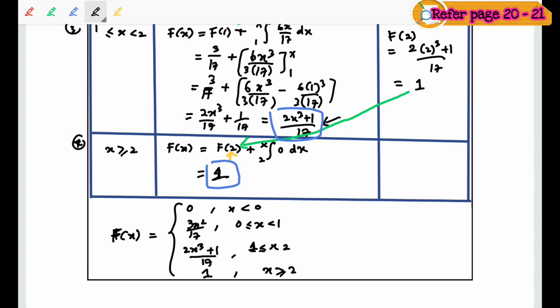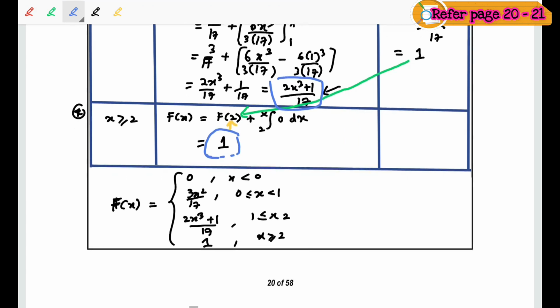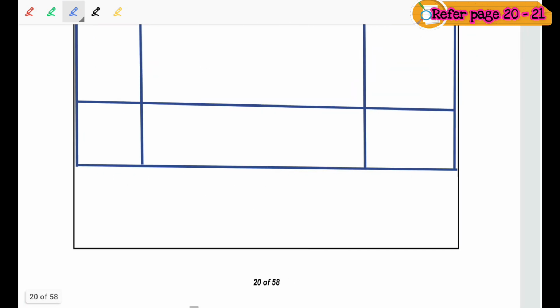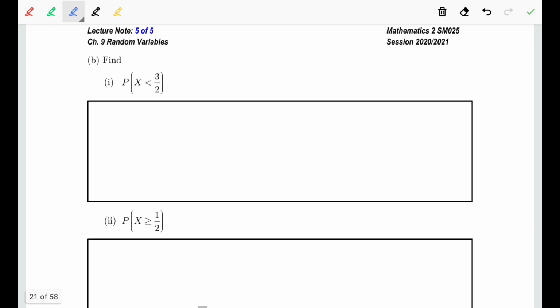Right, so we have done that part. We are going to proceed. Right, so proceed with B1. The question asks to find the probability of x less than 3 over 2. Since the notation is already in the form of less than, we can straight away write down P of x less than 3 over 2 equals F of 3 over 2.